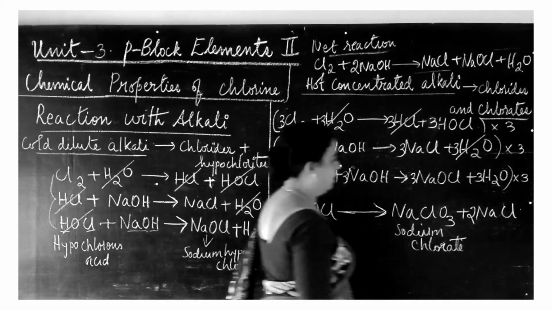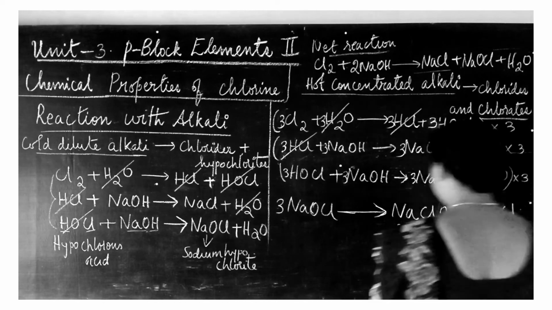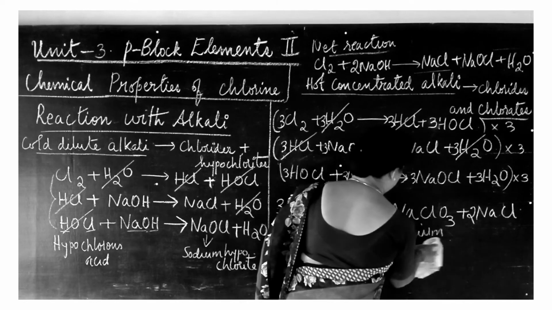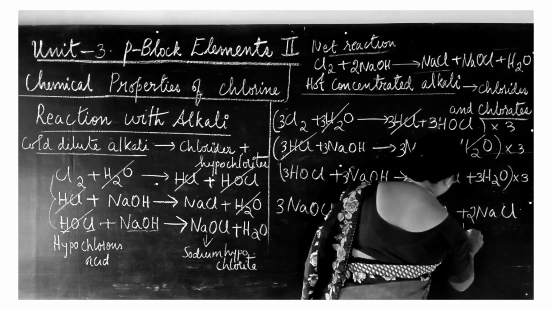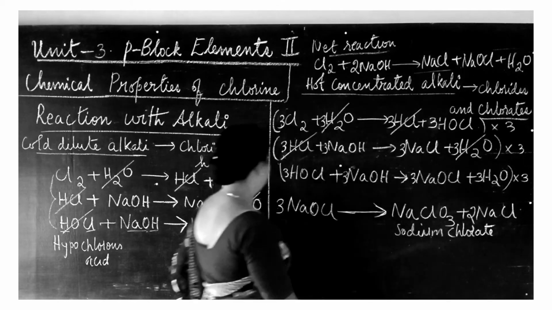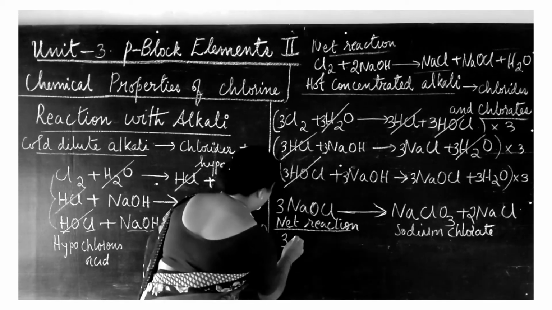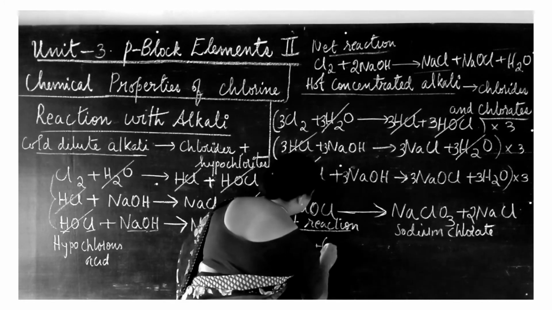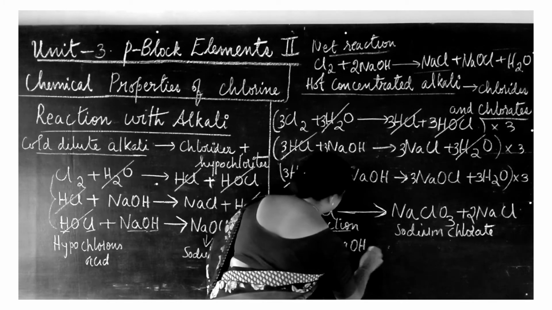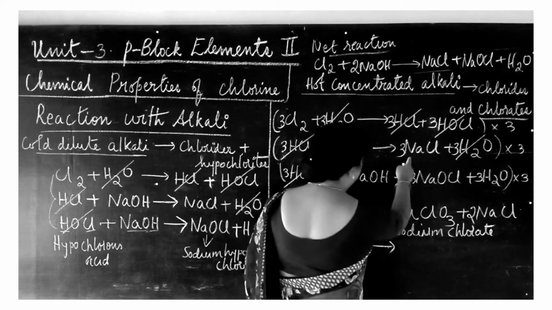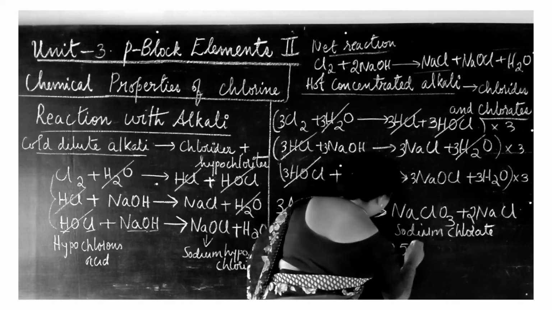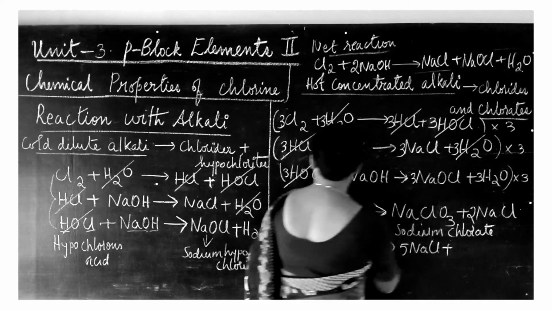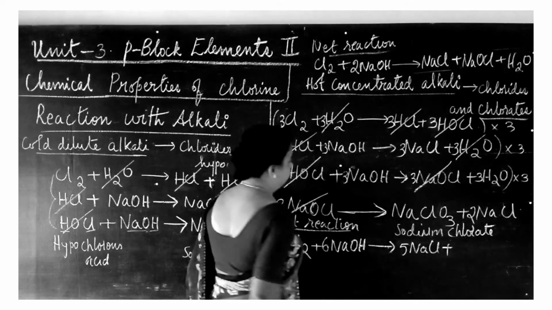So now let us write the net reaction. 3Cl2, 3 NaOH plus 3 NaOH, 6 NaOH, gives 3 NaCl plus 2 NaCl, so that is 5 NaCl, plus then 3 NaOCl, 3 NaOCl cancel. So we can cancel that.